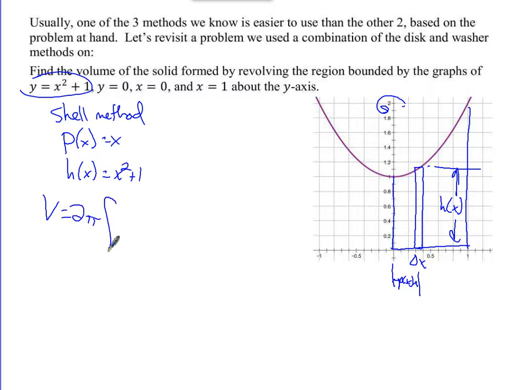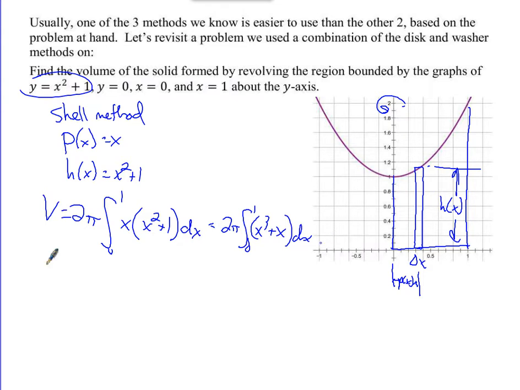The slider goes from 0 to 1. dx. Now, how should we integrate this? I would distribute too. A lot of times you're going to have two functions here that you can either distribute or just FOIL and work with a straight up polynomial. It's going to be easier to do. So I'll just go equals 2 pi integral 0 to 1 x to the third plus x dx.